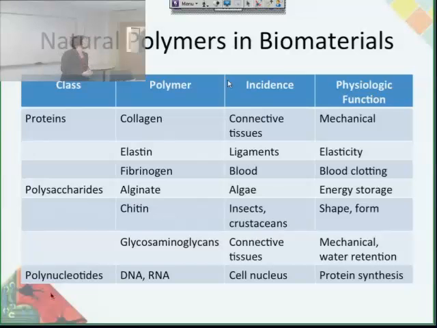But you can use all of these polymers directly for biomedical applications, or you can incorporate them into materials that have other materials, such as synthetic polymers, and that would confer biological function, because these materials are biomimetic and because they're found physiologically. So it's a way to add bioactivity or biofunctionality to a synthetic material.